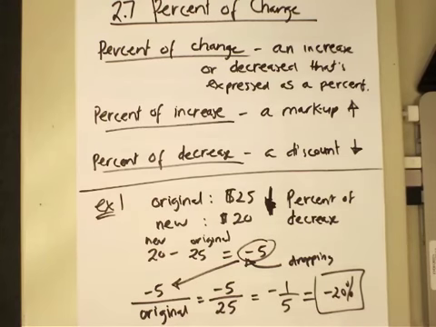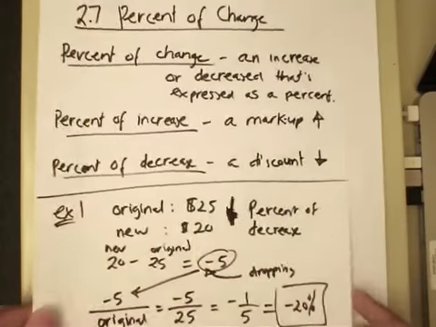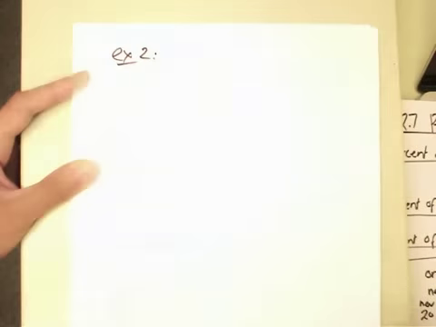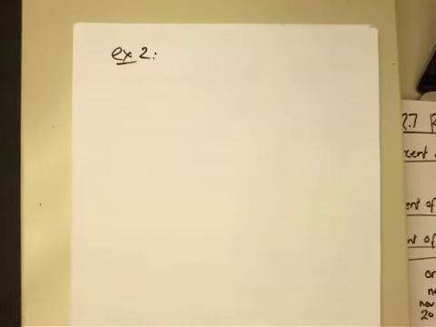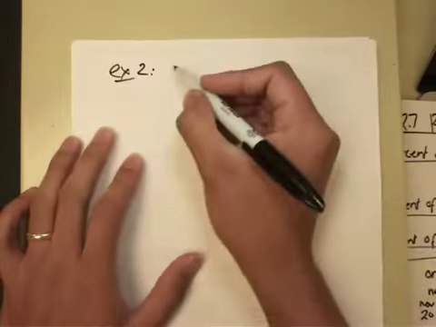Okay, so you can stop the video at this point to review, or let's move on to our next example of a percent of increase. Here's example number 2. So pretend that you have your original price.